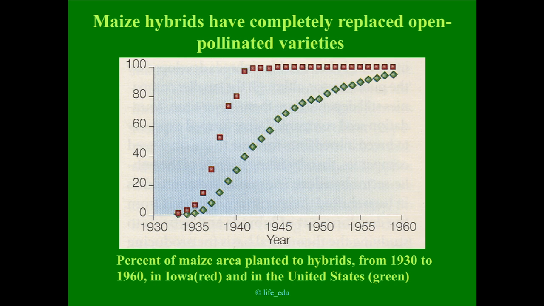And as soon as this was done, pretty much maize farmers adapted and adopted hybrids to replace open pollinated varieties almost overnight. In production areas like in Iowa, shown here, virtually all open pollinated maize disappeared within a decade.